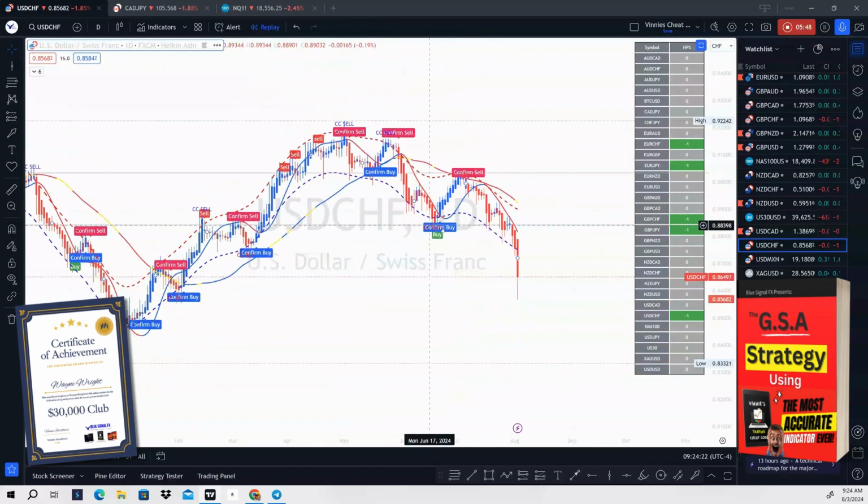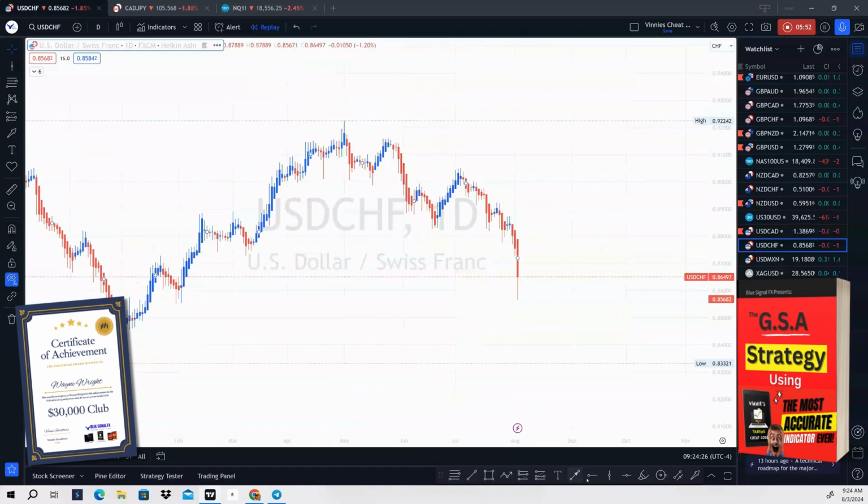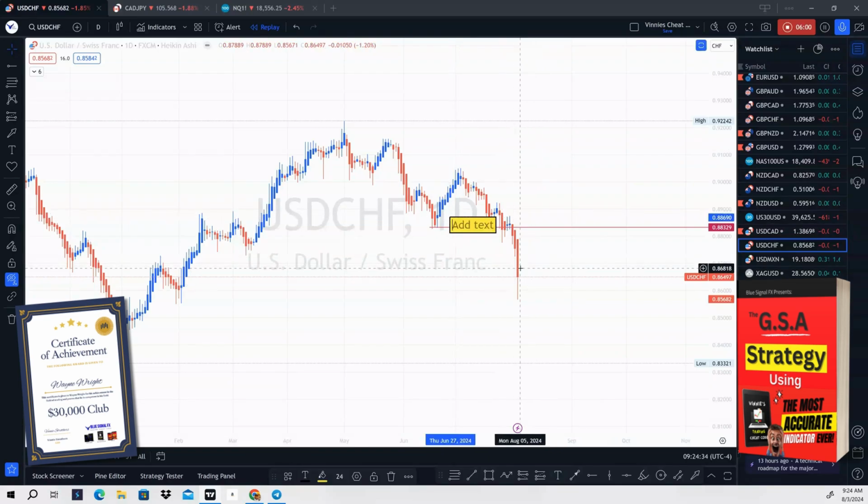Because after a break of structure, let me show you guys real quick. We had a break of structure, and this is one of the key things that you want to look for, all right, is after a break of structure, there's always going to be a pullback. Always. All right.